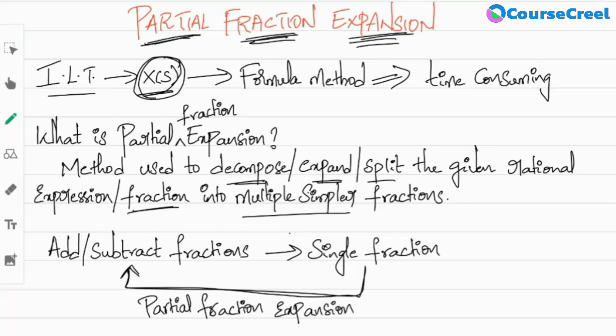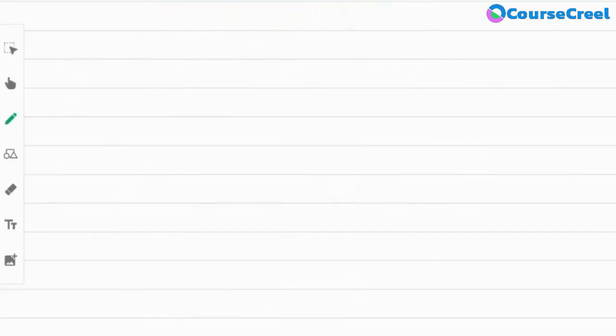So let us have a look at this partial fraction expansion with an example. Given fractions are 2 by x plus 2 plus 4 by x minus 1. Here we are asked to add these two given fractions.